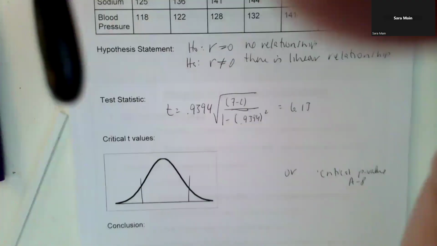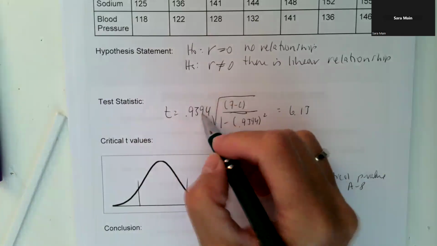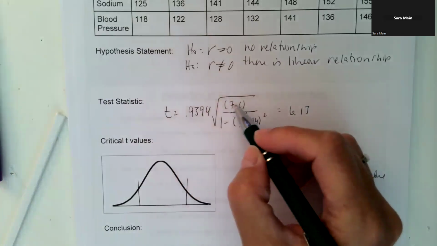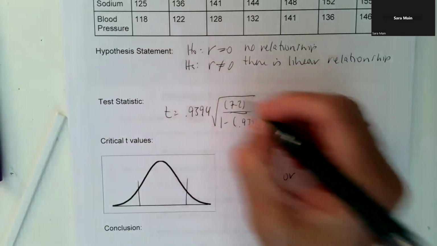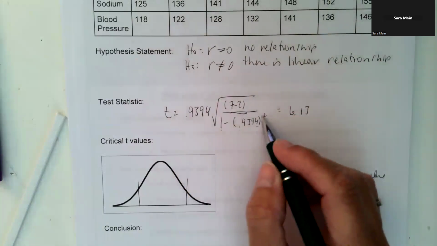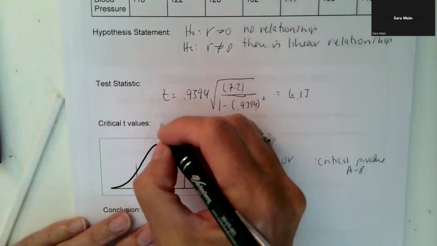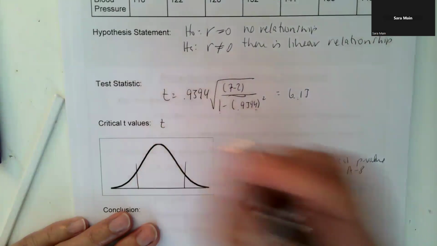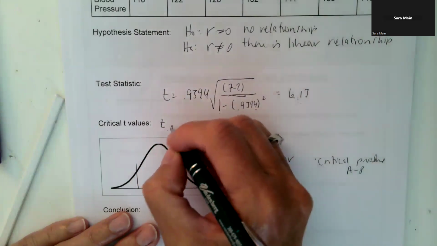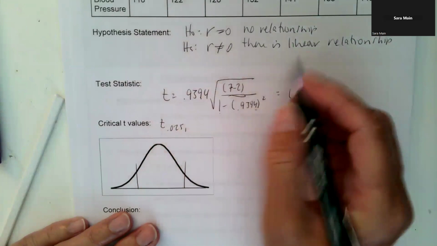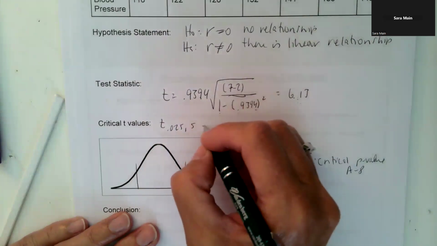So our test statistic is taken R here, the number of pairs was 7 minus 2, and then 1 minus R squared, and that comes out to be 6.13. And then the critical T value is going to be the T of 0.025 and 7 minus 2 or 5.